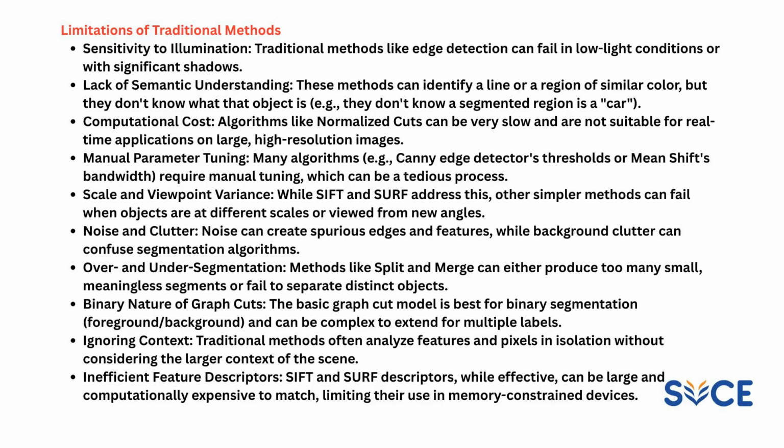The lack of semantic understanding is a fundamental issue. A traditional algorithm can find a line or a region of similar color, but it has no idea what that line or region is. It cannot tell you that the segmented blob of pixels is a car or that the corner belongs to a book.